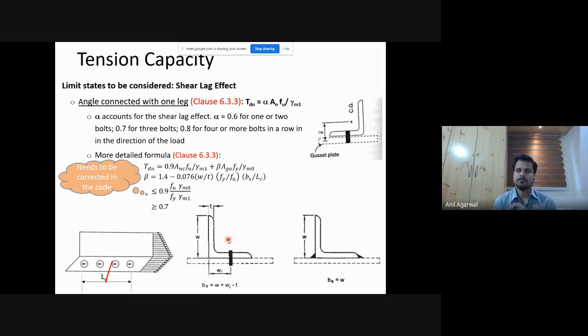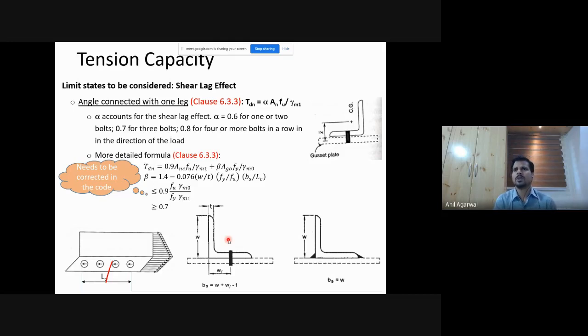I have seen in telecom towers and transmission towers, right near the foundation at a very low level, people using more than one row of bolts, because those angles are almost 100 millimeter by 100 millimeter, so almost 4 inches. So you can put staggered bolts or 2 rows of bolts.